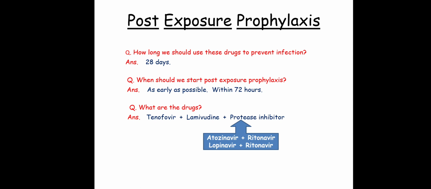It may be atazanavir plus ritonavir or lopinavir plus ritonavir. One of the protease inhibitors is given, and in case we cannot give a protease inhibitor for any reason, then the alternative will be efavirenz. Efavirenz is an NNRTI, a first generation NNRTI. So all the patients are given 3 drug therapy according to the latest guideline. So this is all about post exposure prophylaxis.